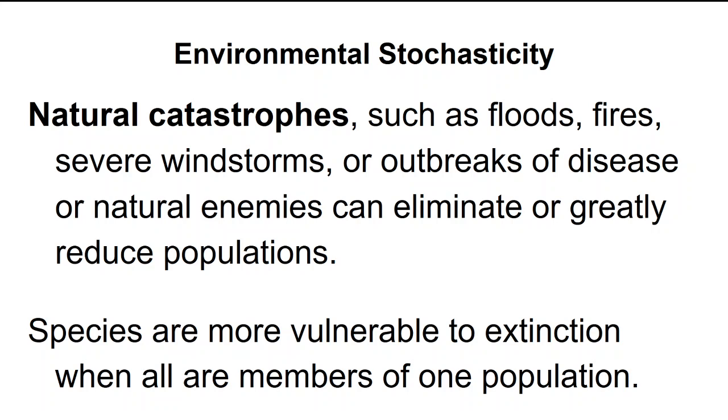It only takes one flood to knock down that entire grove of trees that's in a floodplain. Or it only takes one drought to dry up that desert spring that contains an endangered fish. If there are multiple populations for that species, then they've got a chance to avoid some of those localized natural catastrophes.